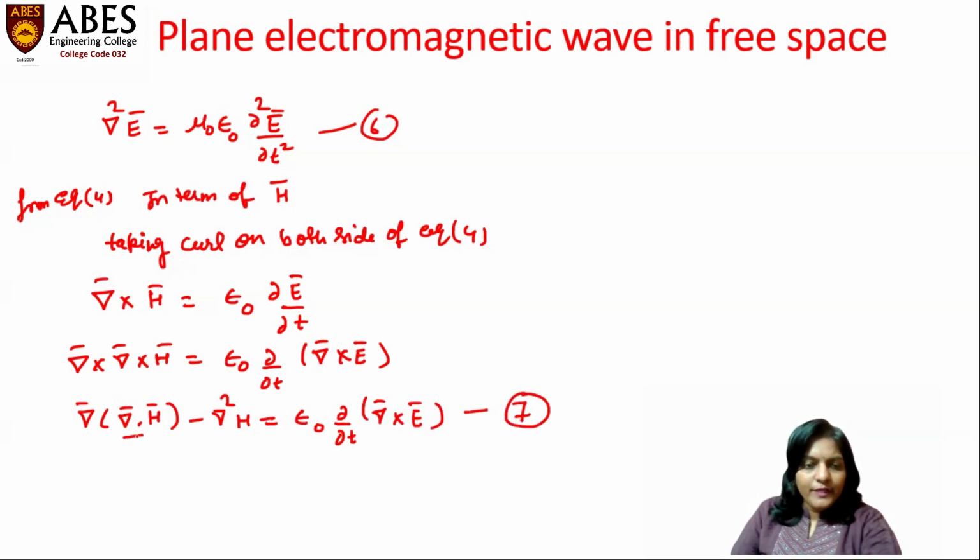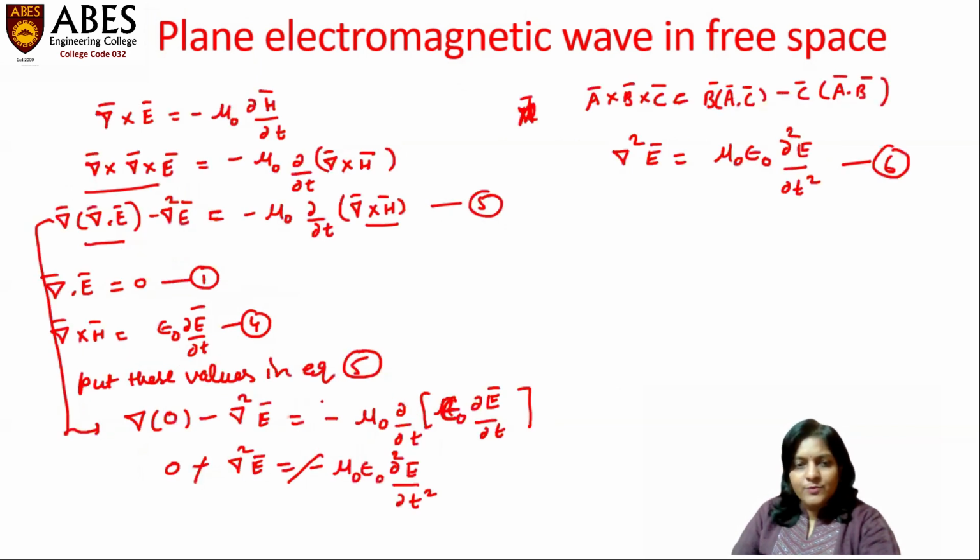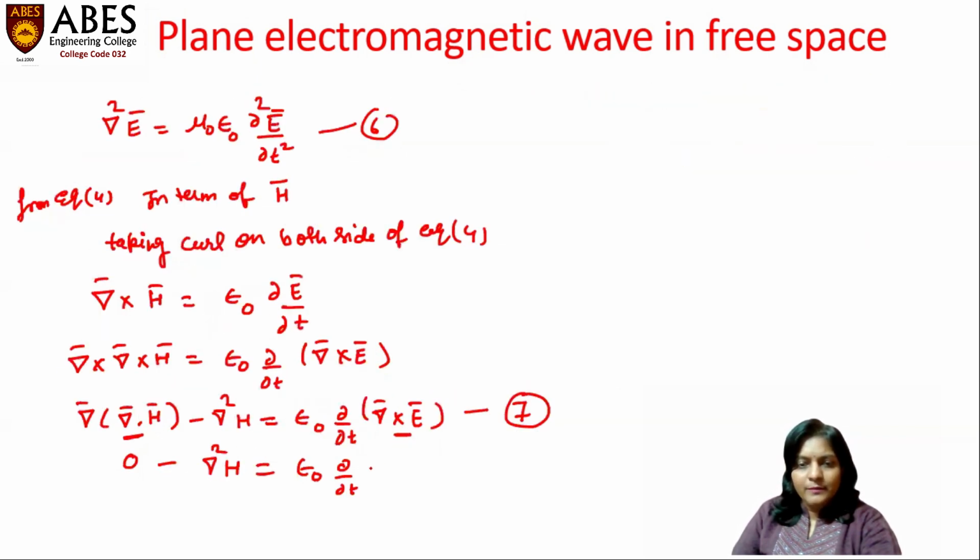And the values of del dot H and del cross E can be put from the equation number 2 and 3. It is 0 minus del square H is equal to epsilon naught del by del T, and equation number 3 is del cross E, which is minus mu naught del H by del T.